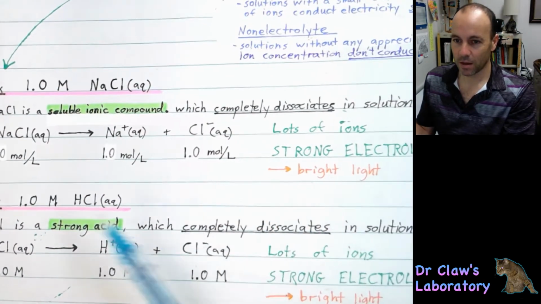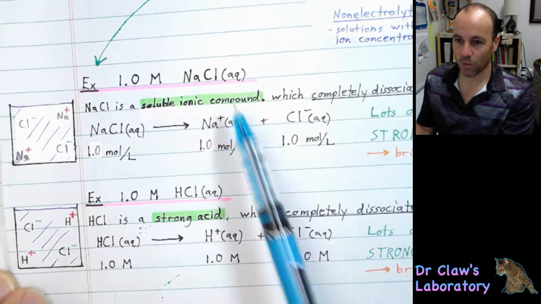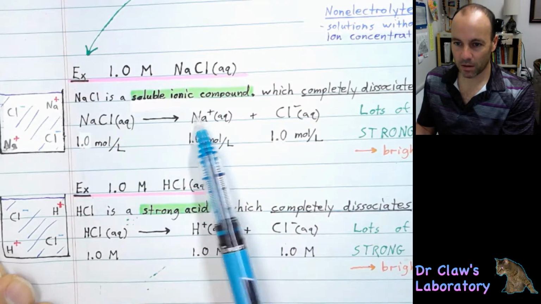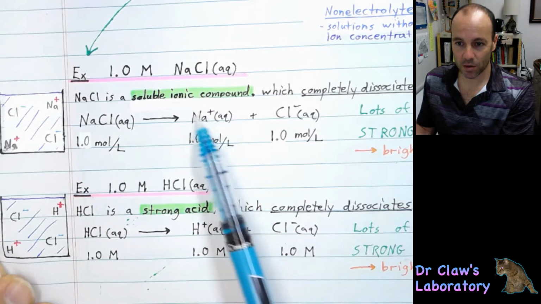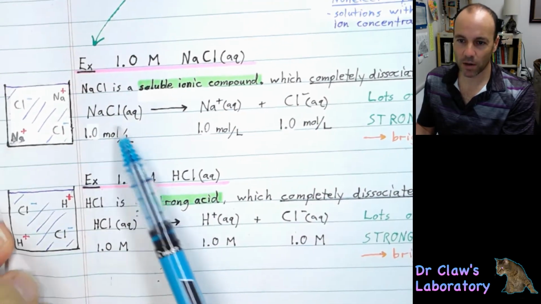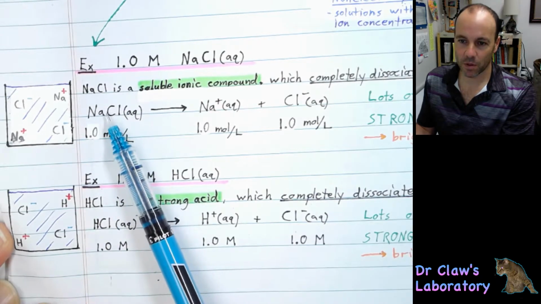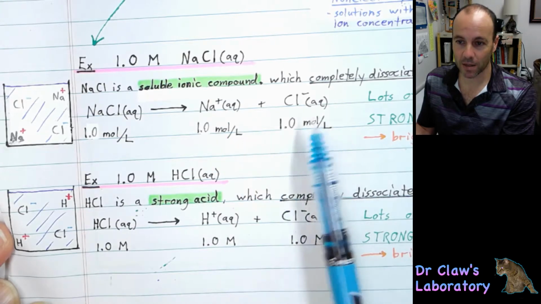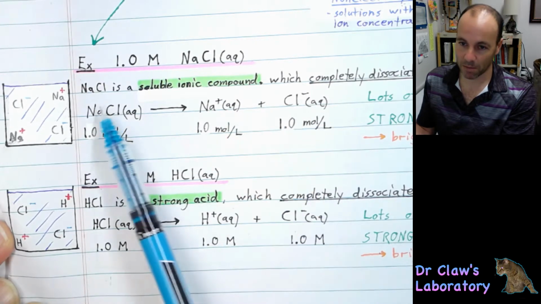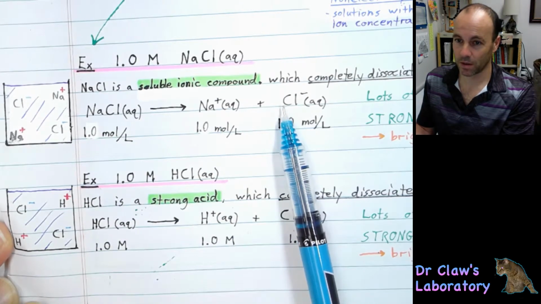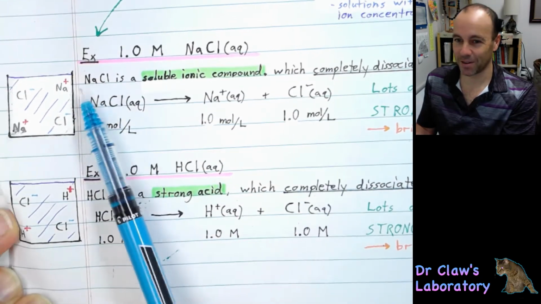So again, if you have 1 molarity sodium chloride, we know that it dissociates into sodium pluses and chloride minuses in solution. And therefore, if you have 1 molarity of sodium chloride, you end up having 1 molarity of the cations and 1 molarity of the anions, because every one of these gives you one of those and one of those. So there are lots of ions in solution.